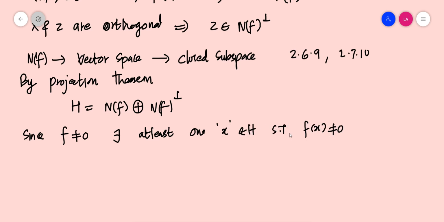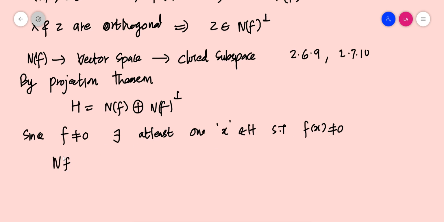And this x, because every h is the direct sum of N of f and N of f perpendicular, so if we choose an arbitrary element in H, either it should be an element in N of f, or it should be an element in N of f perpendicular, or it has the format x plus y, where x is an element of N of f and y is an element of N of f perpendicular. That is what this means. So since f is non-zero, there exists an x such that f of x is not equal to 0.